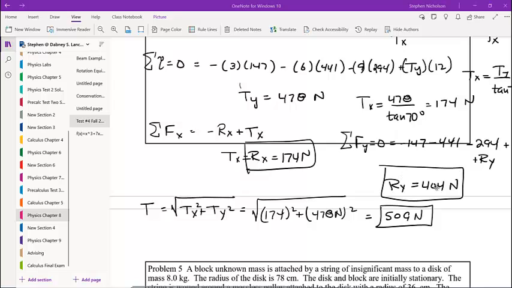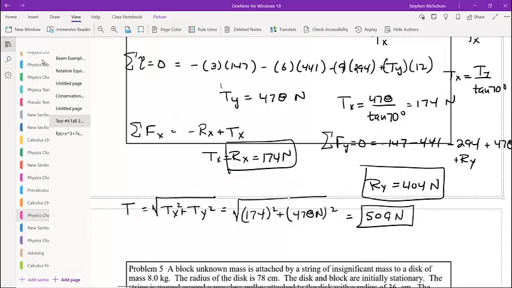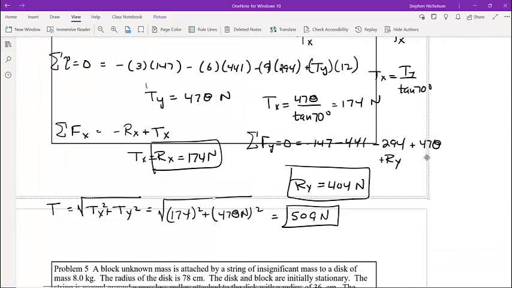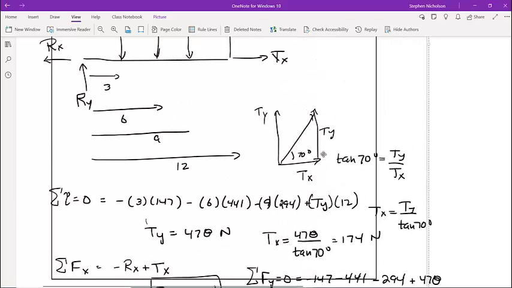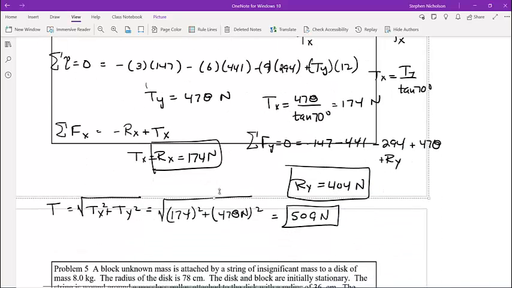And if you solve for R sub Y from that equation, you get 404 newtons. These are the two left support forces. And then to find the total tension in the cable, you'd use the Pythagorean theorem from this force triangle, and you get 509 newtons.